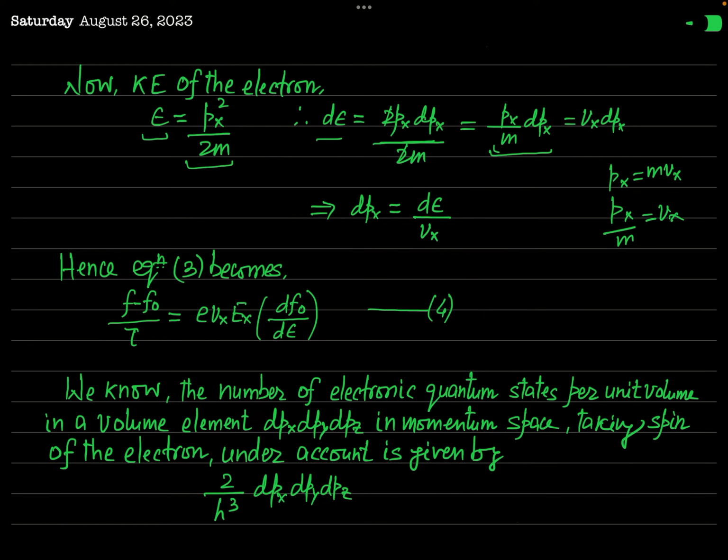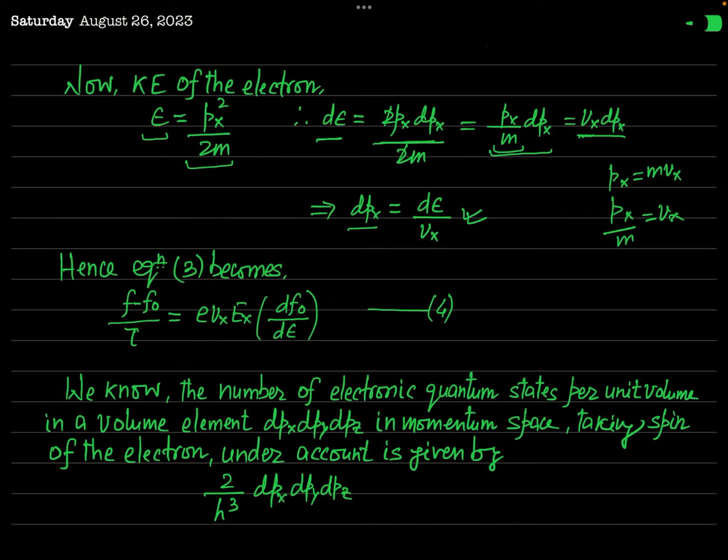Hence d epsilon is equal to vx dpx, so dpx will be equal to d epsilon over vx.